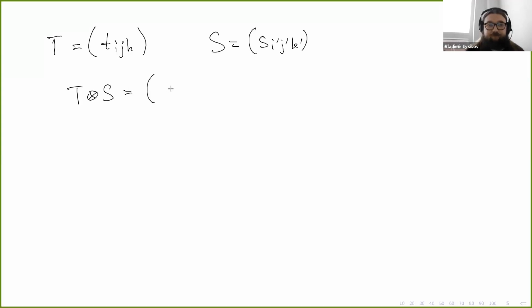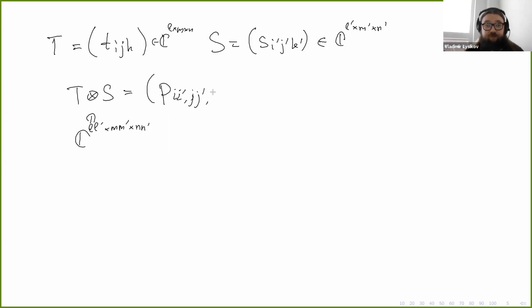This is a tensor which is indexed, so if this is an L by M by N tensor, and this is an L' by M' by N' tensor, it has size LL' times MM' times NN'. And the coordinates of the tensor are indexed by pairs (i,i'), (j,j'), (k,k').